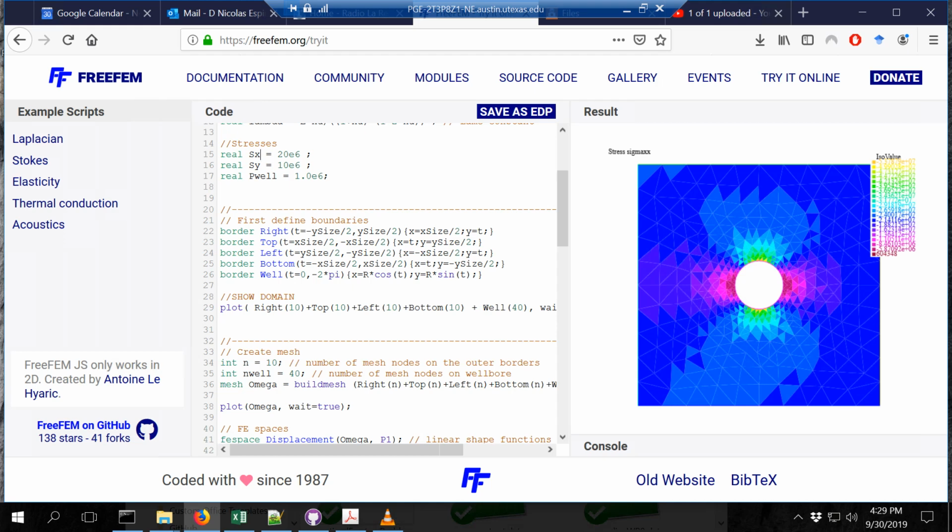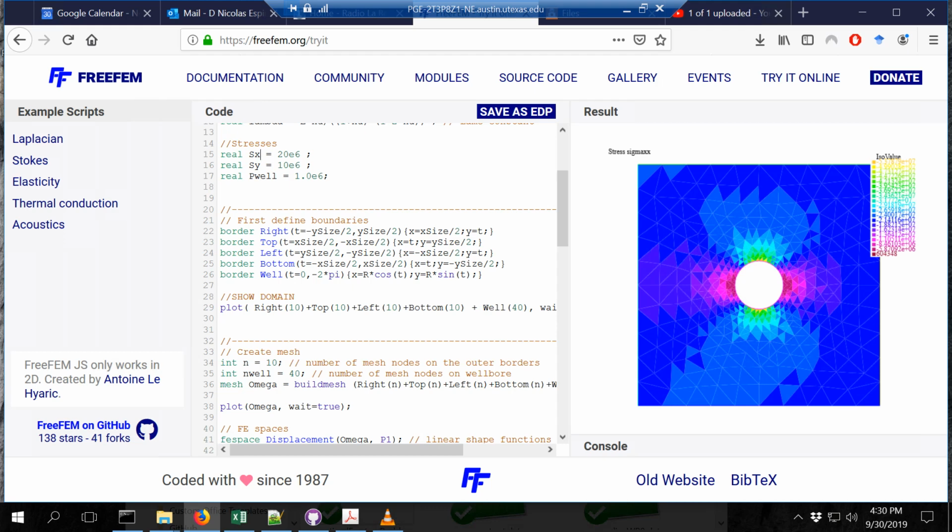In order to add the wellbore, what you have to do is create a domain counterclockwise. When you do that, first of all, you will create a surface, but after you add that new line, it will subtract that. So we'll create a hole.